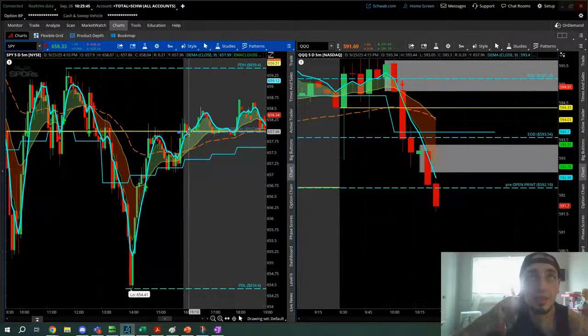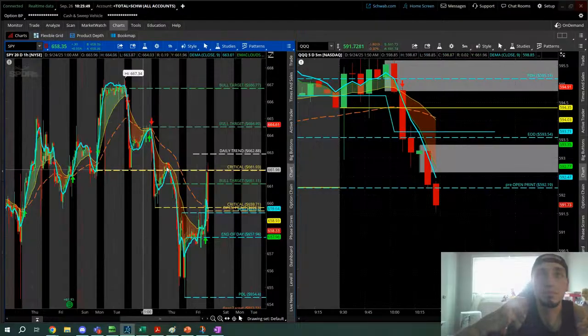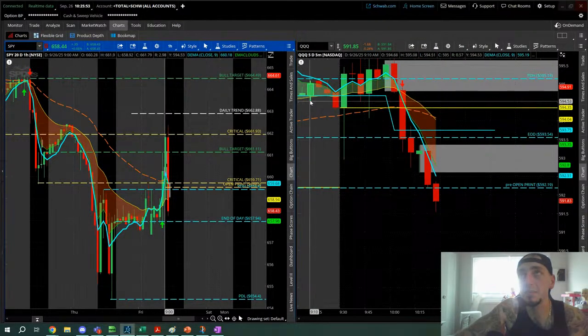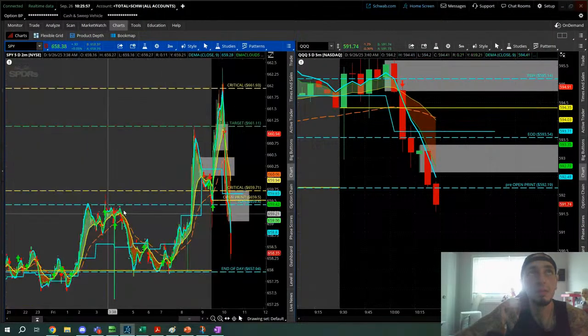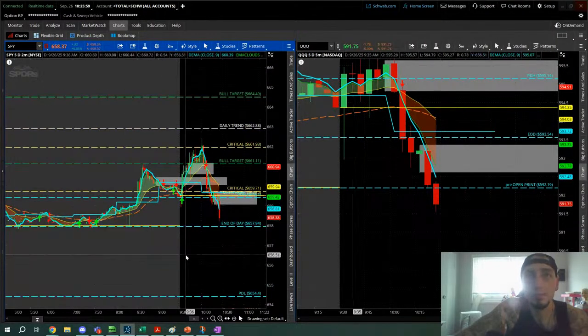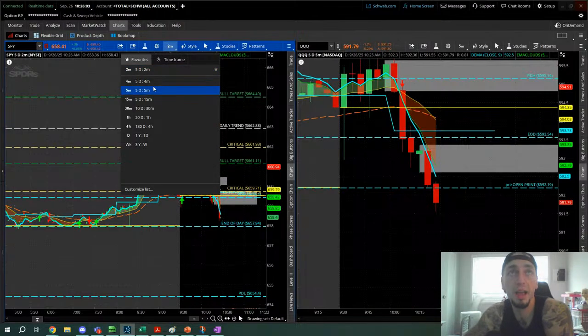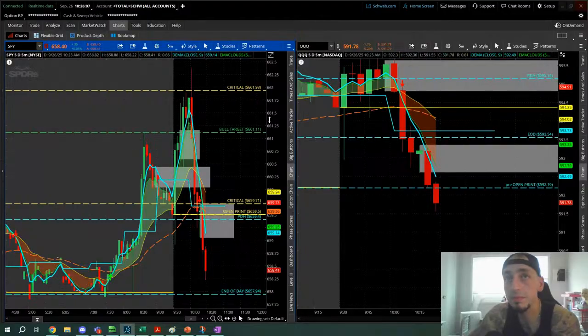EOD is right here. Look at that 1 hour. Unbelievable. Unbelievable. All right. I definitely want to see a possible pullback up into that level. See if we can get it.